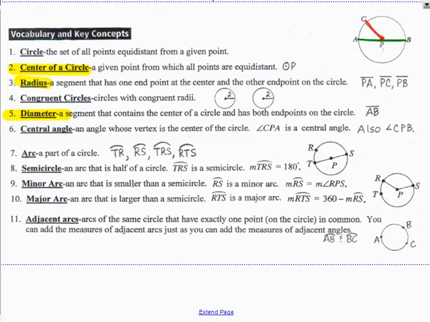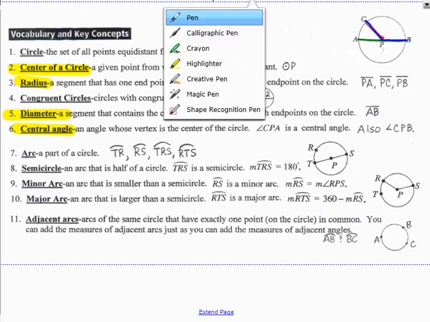A central angle is an angle that has the center as its vertex and it extends around the circle. So a central angle here would be this angle right here. An arc.